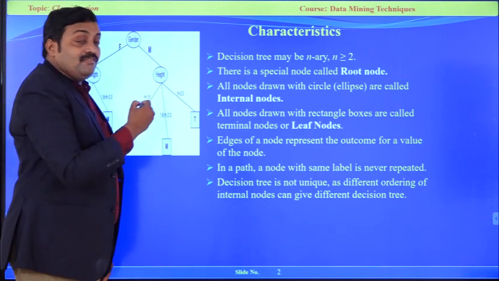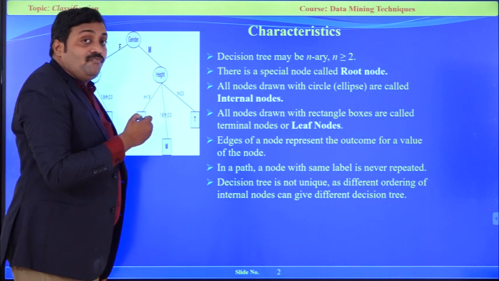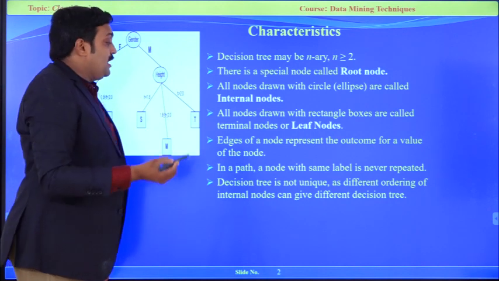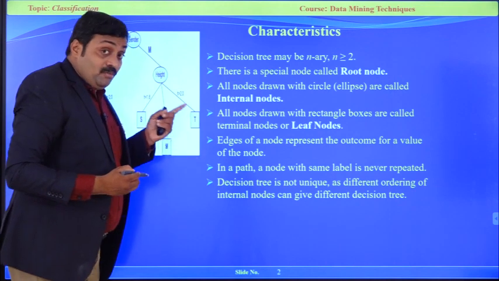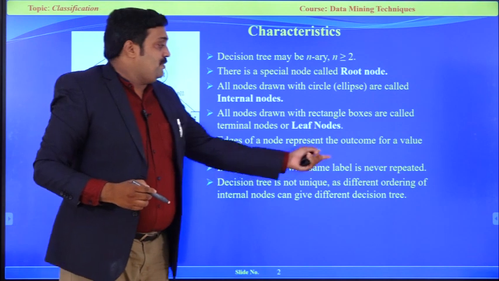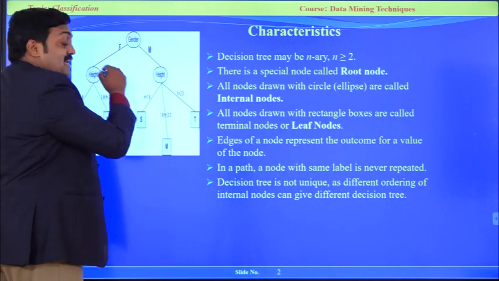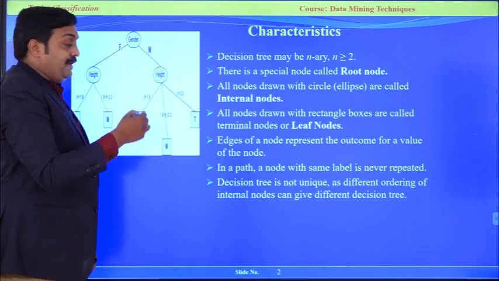Based on this representation, we can identify which side we have to traverse. One more important thing is that in the traversal path, the same label is never repeated. That means we cannot repeat the same label.